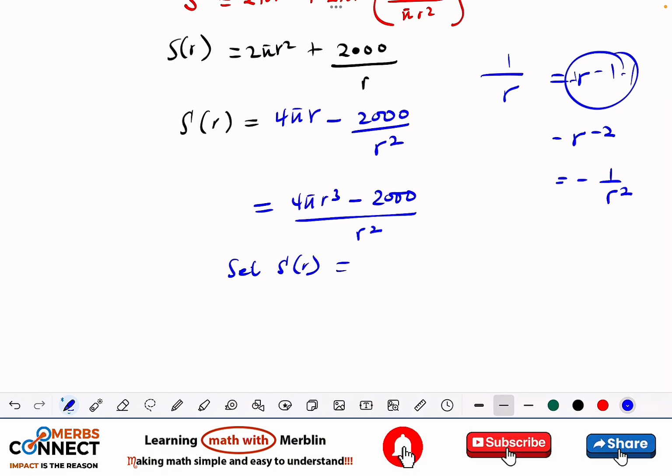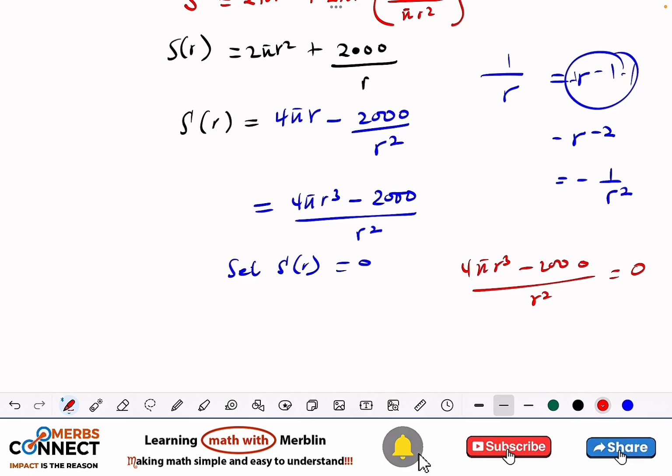So for critical values, we can set S prime of r to 0, and we are going to have 4 pi r cubed minus 2000 divided by r squared to be 0. As I said, anytime you have this, you need to set the denominator, r, to 0. So r should be 0. And then the top, we set the top to 0. 4 pi r cubed minus 2000 is equal to 0.